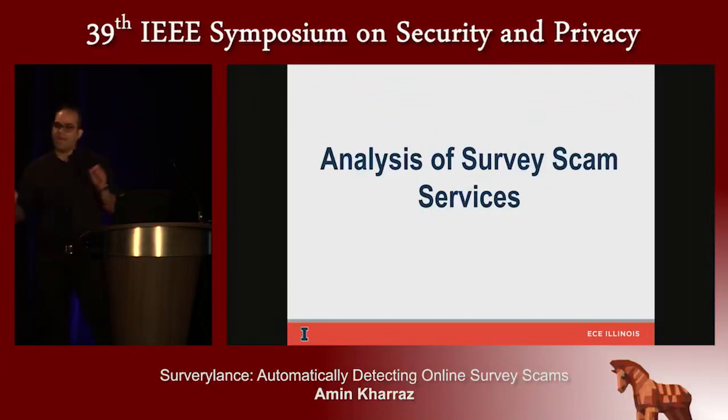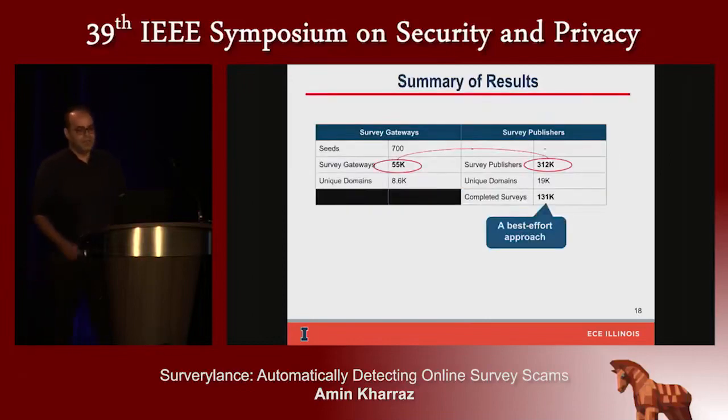So right now we have a working solution. We tested the features. We did the evasion analysis. So now we want to deploy it at a larger scale and see what we can find with minimal human interaction with this ecosystem. We found around 55,000 survey gateways that redirected us to 312,000 survey publishers.